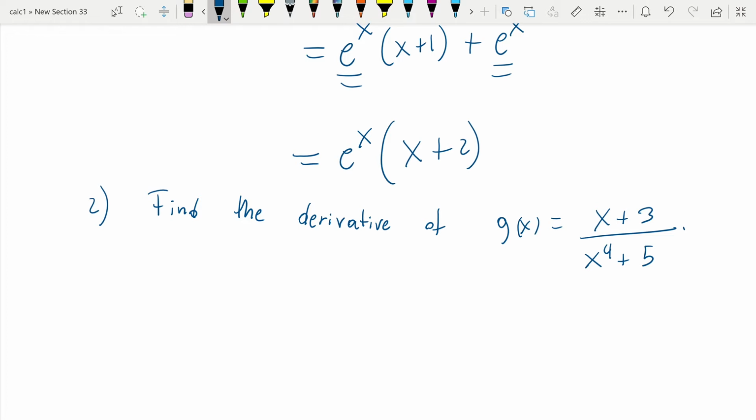So it's a simple question. Find the derivative of g of x.